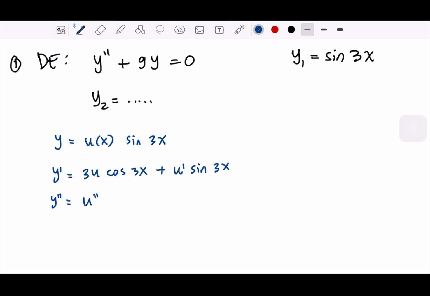That will be u double prime sine 3x, plus 3 times cosine 3x, but let me write that.